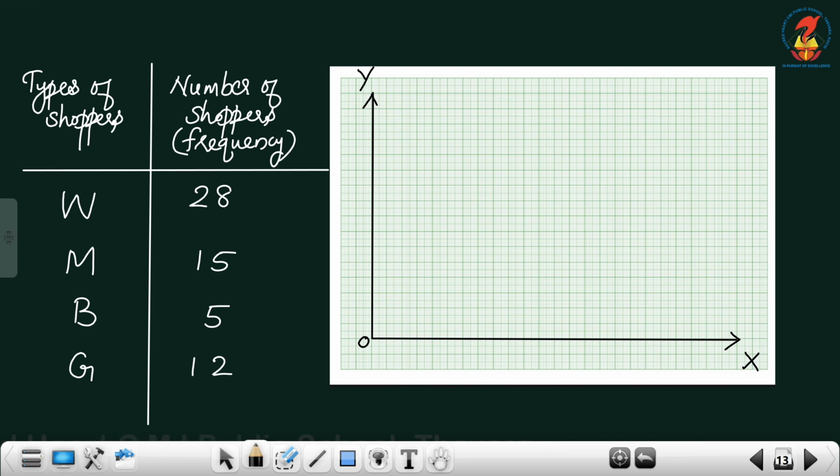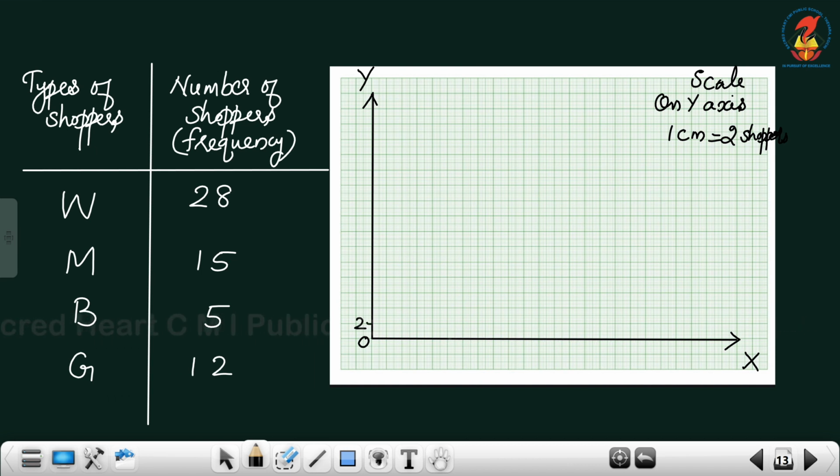So we can take the scale on the y-axis: 1 centimeter is equal to 2 shoppers, that means the number of shoppers.